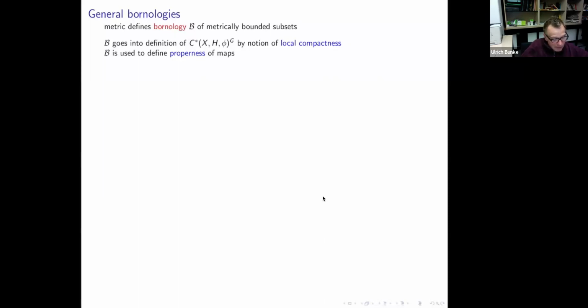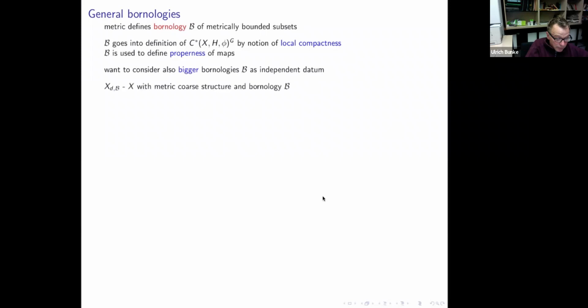But now what I want to do is consider bigger bornologies, which would be an independent datum added to X in the coarse structure. If I do this, then my notation will be X with the coarse structure and the bornology.